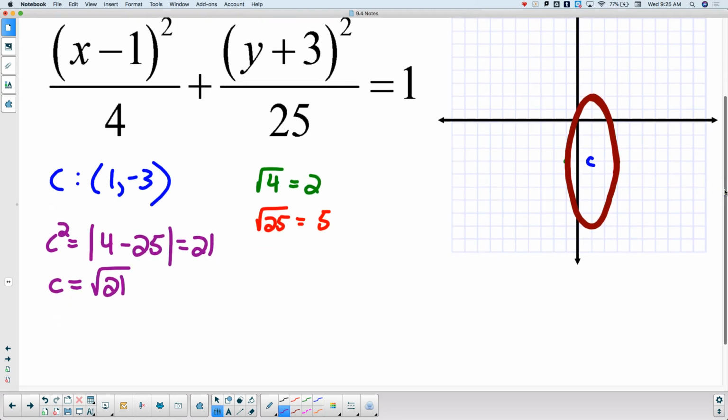X. Which part am I going to add the square root of 21 to of my center? Why? Matthew. Why x?